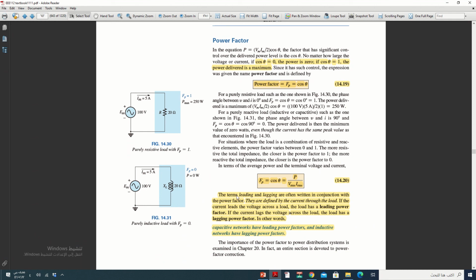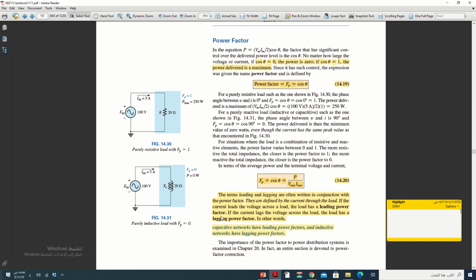See here, the terms leading and lagging are often written in conjunction with the power factor. They are defined by the current through the load. Always our reference is the current. If the current leads the voltage, we will say the power factor is leading. If the current lags the voltage, this means the power factor is lagging.